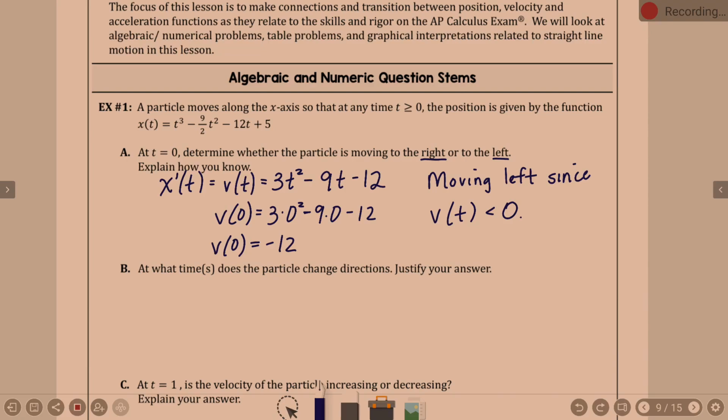That's my official mathematical phrase there. Actually, I shouldn't have said v of t. It was at the point 0. So because the velocity at 0 was less than 0, that's what I really should have said. Although we had stated over here that the velocity at 0 equals negative 12. So again, you show all this, you're connecting the dots, and that's what they need you to do.